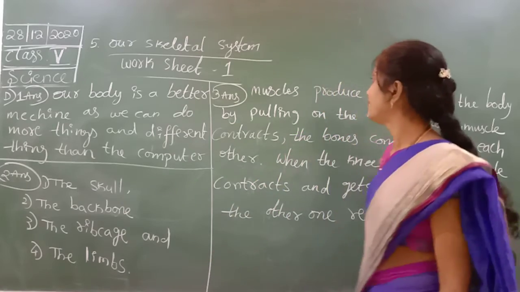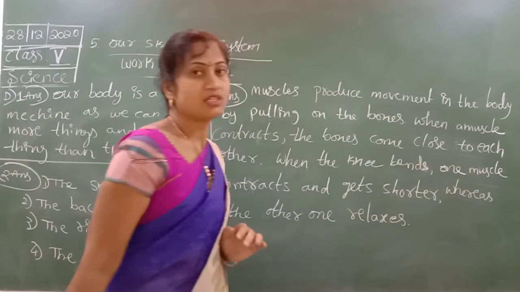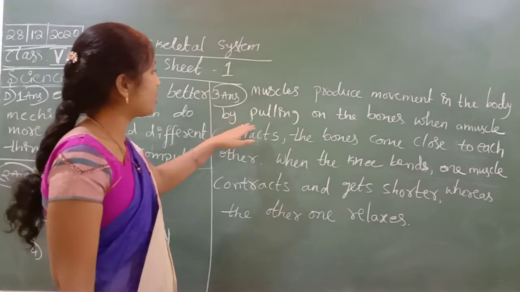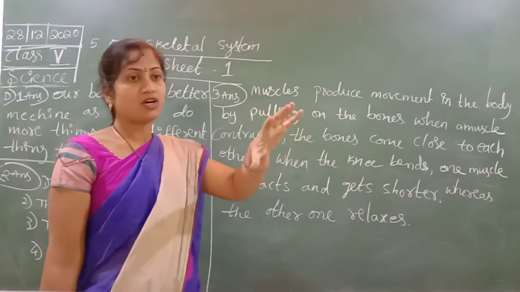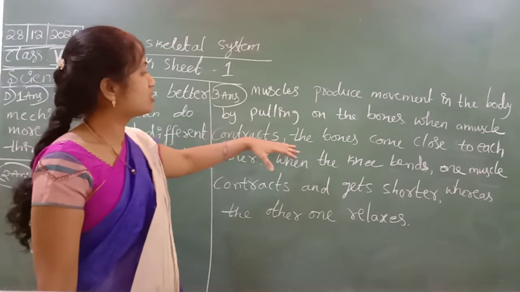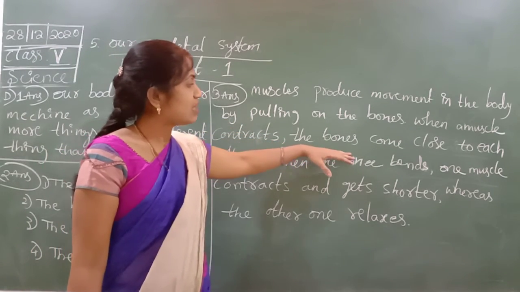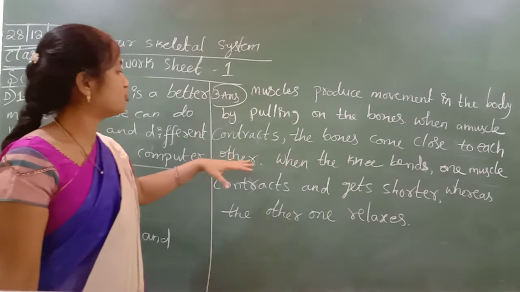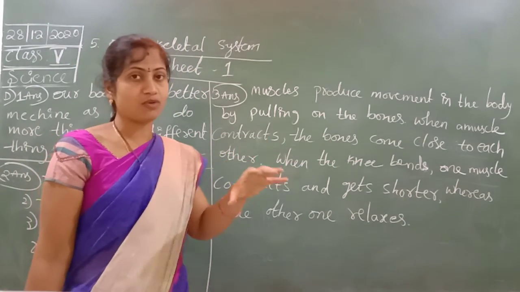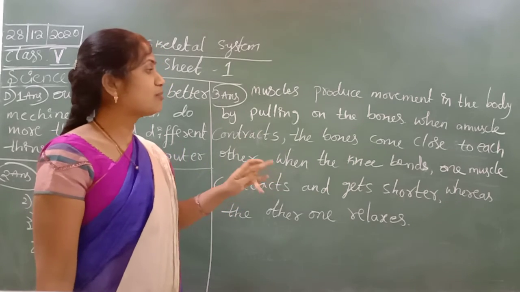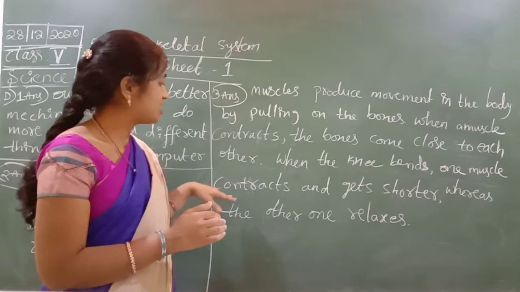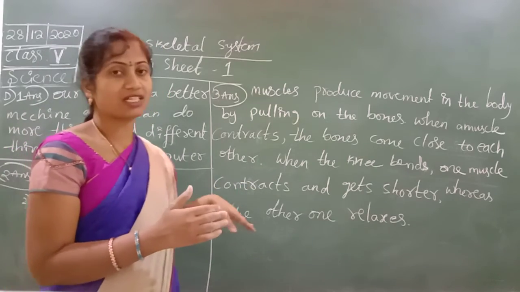Okay, so next, how do the muscles work? Muscles produce movement in the body by pulling on the bones. When the muscles contract, the bones come close to each other. When the knee bends, one muscle contracts and gets shorter.